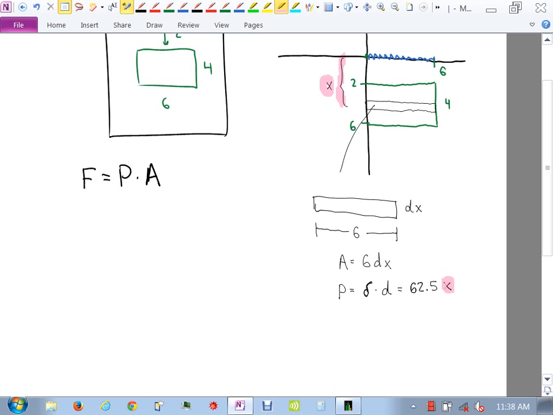So now what I'd like to do is talk about the force on this one little band. What's the force on that one little band? No, because my X is measured from the top of the water down to where my band is. So it's the total distance. I didn't measure from 2 down.